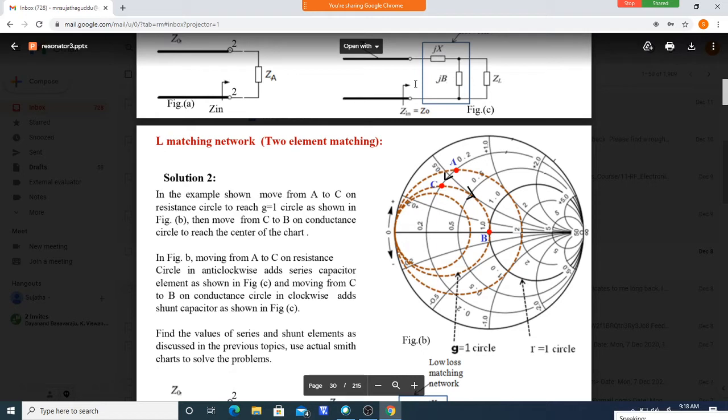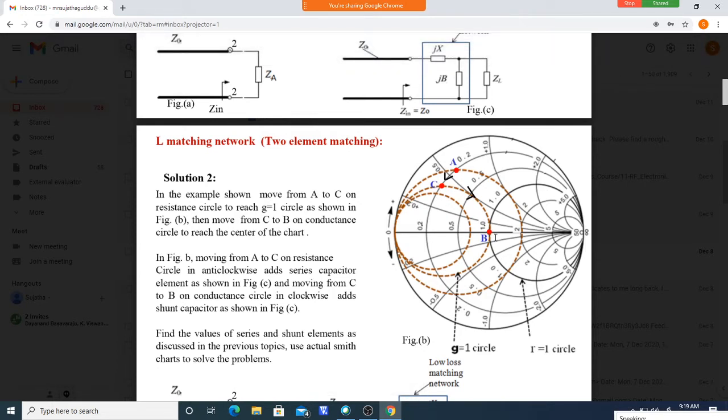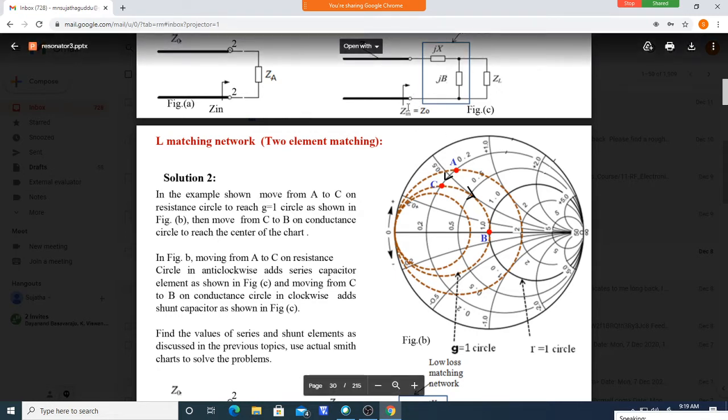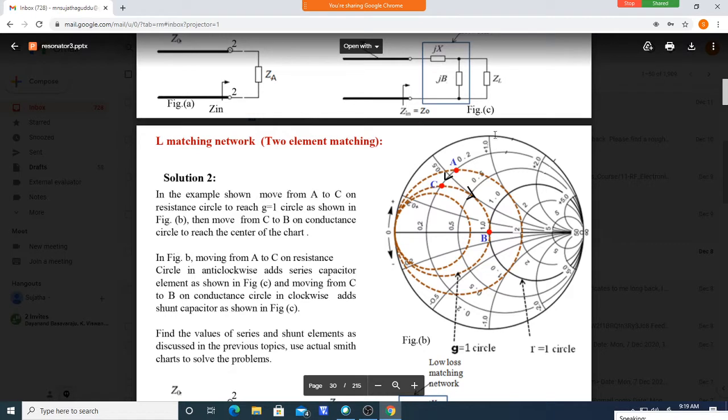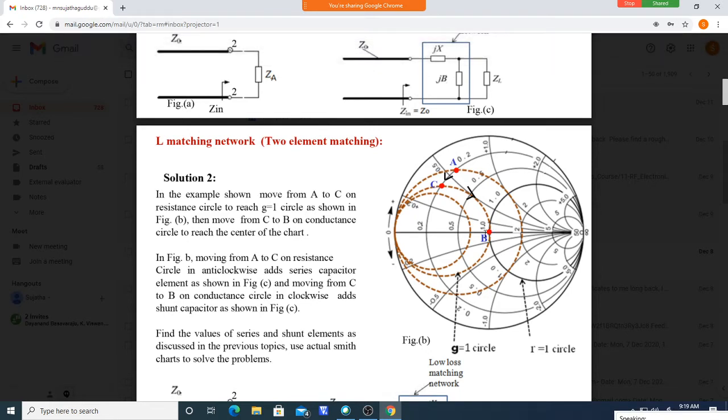If I want 50 ohm between these two terminals, with some load given, I mark the load and move like this and like this to bring the impedance to 50 ohm. Now in the converse way, this is 50 ohm, for example, so mark 50 ohm again here. I want this impedance, so you mark this also.